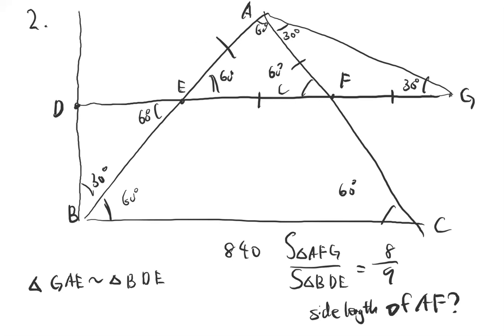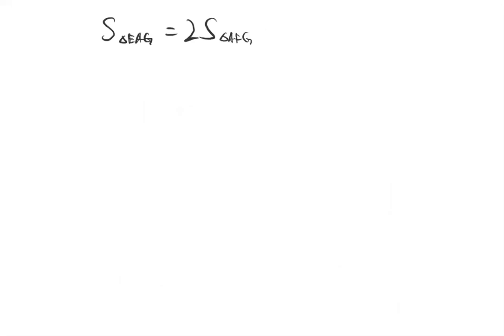So when we write out the area ratio between EAG and EDB, because before it's 8 to 9, it's 16 to 9 now.